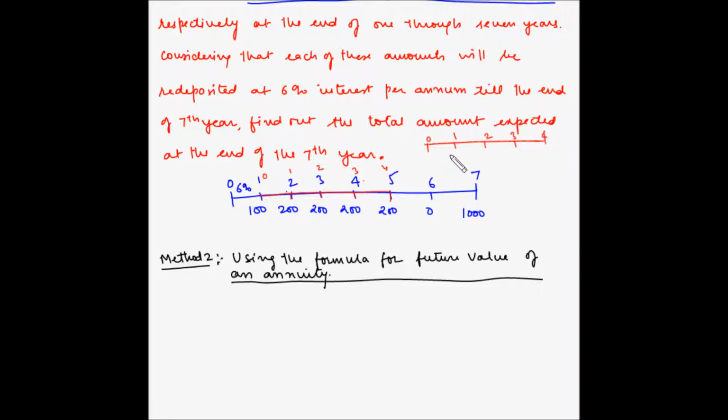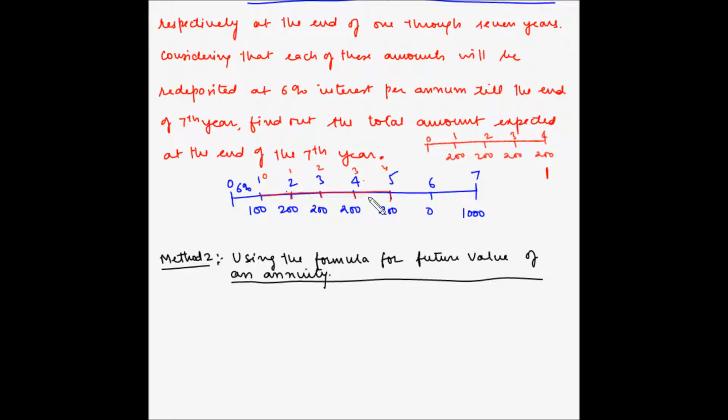And the payments are 200, 200, 200 and 200. So if we consider this time scale, then since these 200 payments are at the end of the year, we can treat this as an ordinary annuity and calculate the future value up to this point.